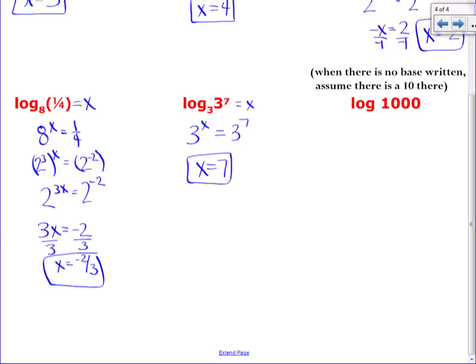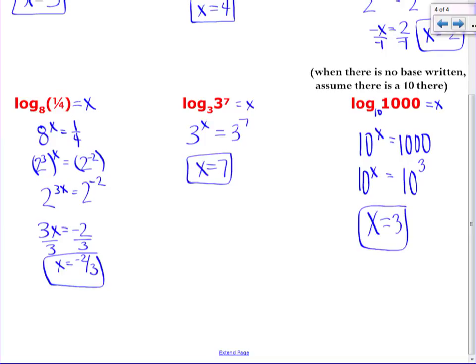They're assuming that you know that there is a little 10 there. So you put a 10 there, and then we do the same process. Equals x. Write it in exponent form. Turn it to base numbers. This is 10 to the... Set your exponents equal. Questions?